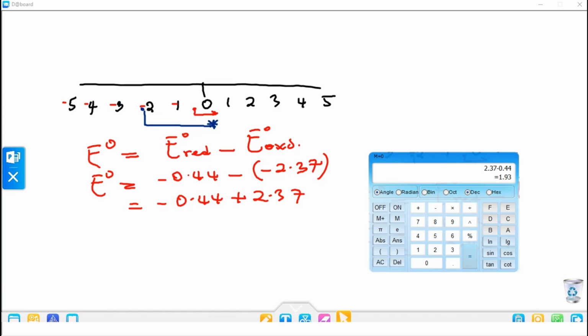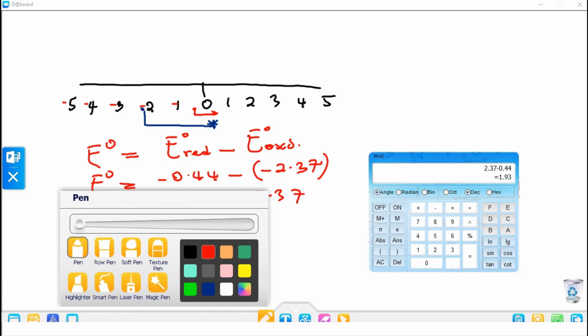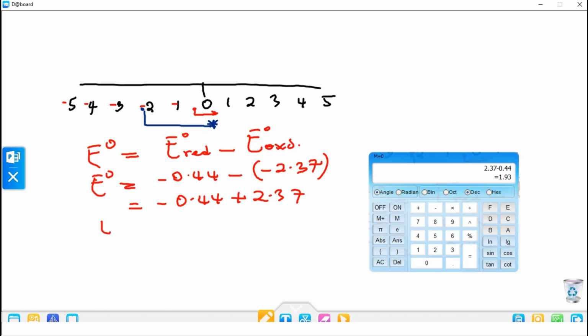And we're going to have positive 1.93. So here we have our answer: E is going to be plus 1.93 volt. So our answer is plus 1.93 volt.